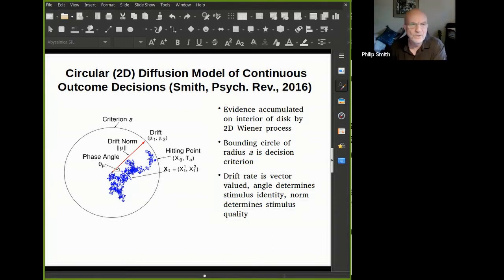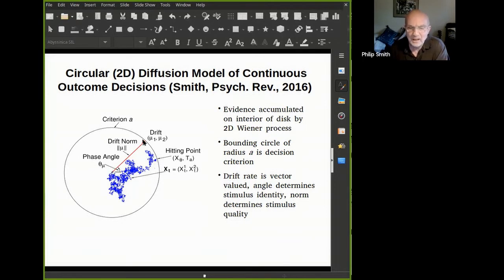So the result was the circular diffusion model, which was published in 2016, which represents the decision process as evidence accumulation on the interior of a disk, whose bounding circle of radius A represents the decision criterion for the task. Because this is a 2-dimensional process, the drift rate, which determines the rate at which evidence accumulates in the process, is vector valued.